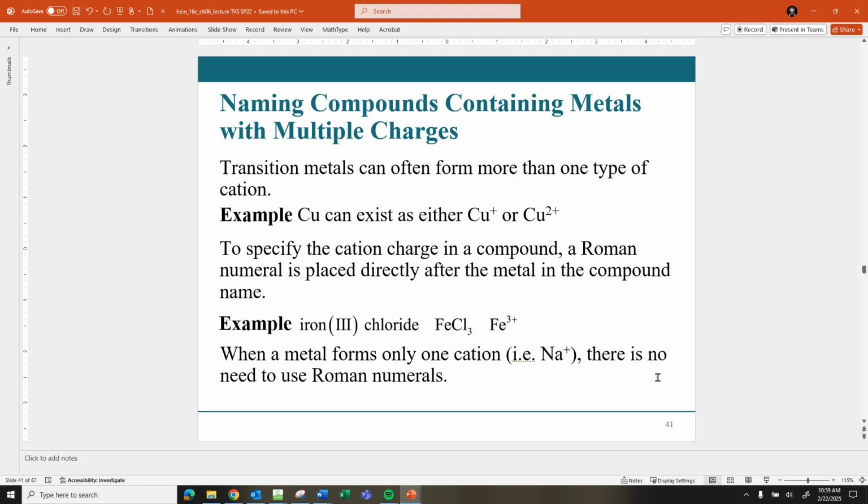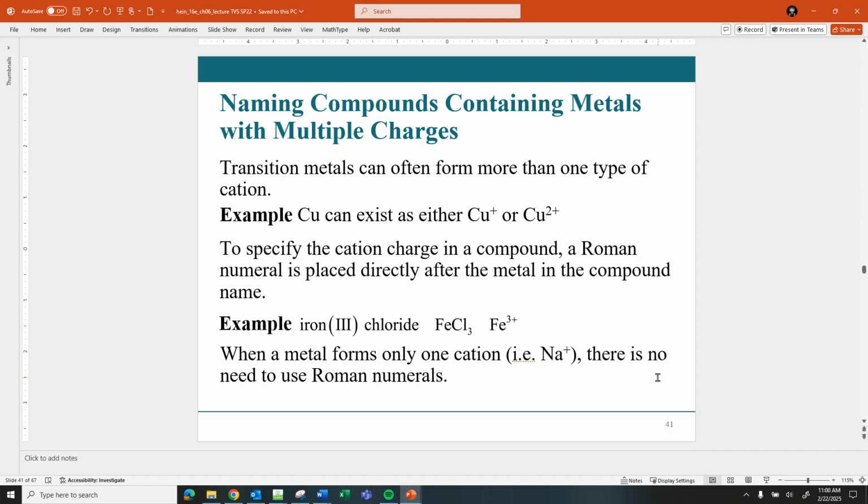Now, metals containing multiple charges. When we're looking at the transition metals, because the transition metals can have multiple charges, we have to signify, are we reacting and bonding to copper 1 or copper 2, or iron 2 or iron 3, or chromium 2 or chromium 3. Like I said, every single transition metal has multiple charges except for the silver and the zinc.